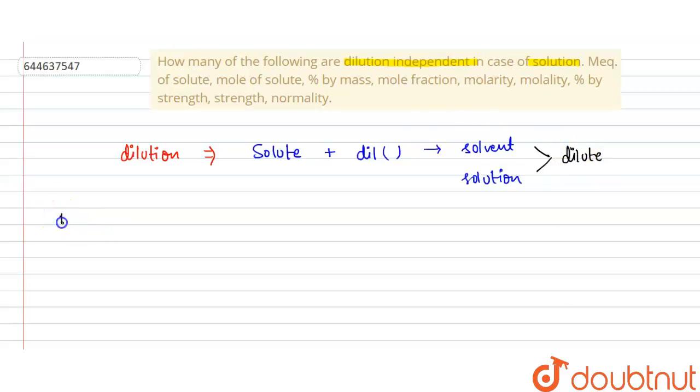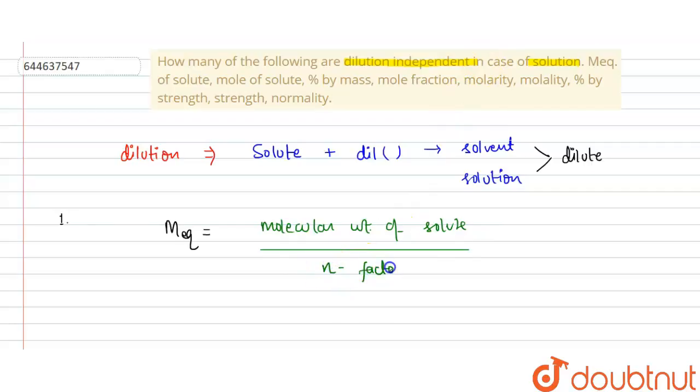First quantity is equivalent of solute. We know that the formula of equivalent weight is equal to molecular weight of solute divided by the n factor, or we can say the x factor.